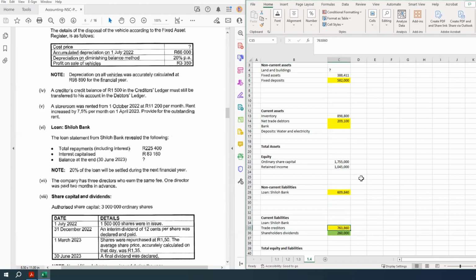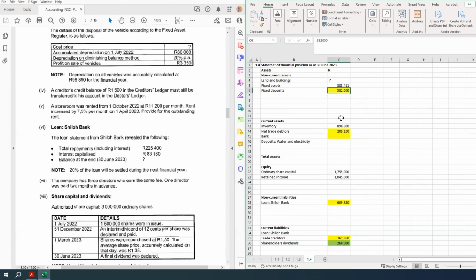So just remember to show your workings so that the marker understands how you got to the amounts, okay? Right, so then I'm just going to take out 1.5, right? And the same amount would then come through as a transfer out of my debtors. Okay, so that addresses that point.